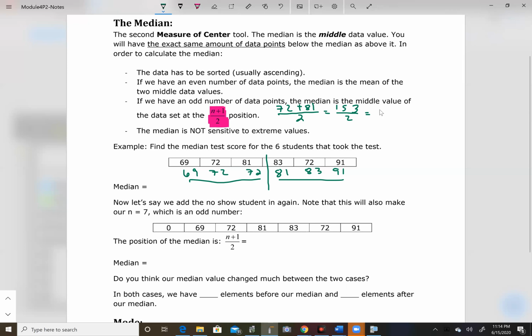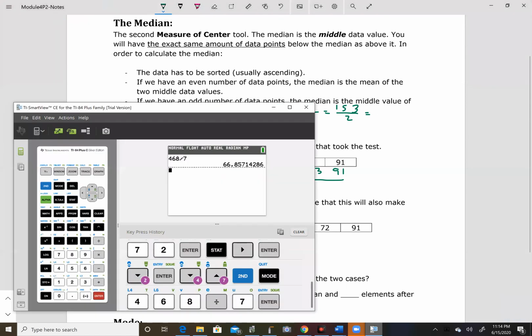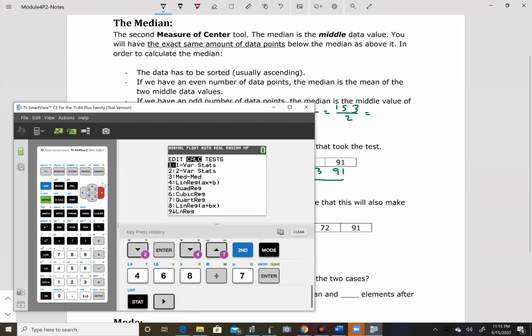So 76.5. Maybe, is that what it was? Did I do that correctly in my head? Because we still have our information in there. It's still on the list, so all I have to do is go back. And our median, 76.5, nice.